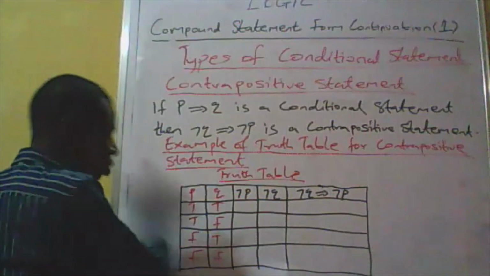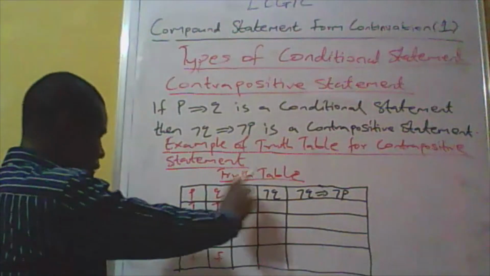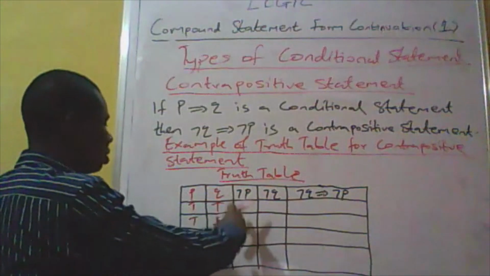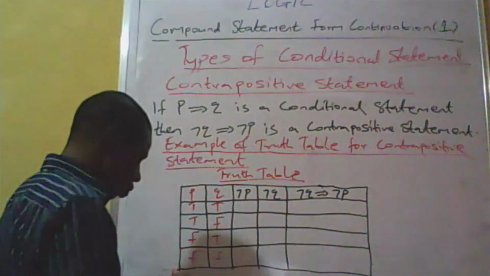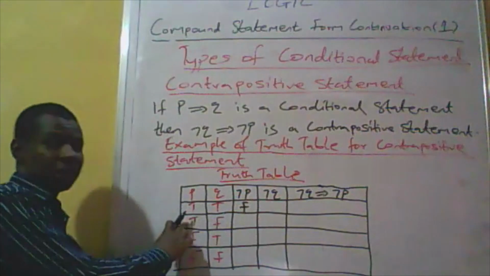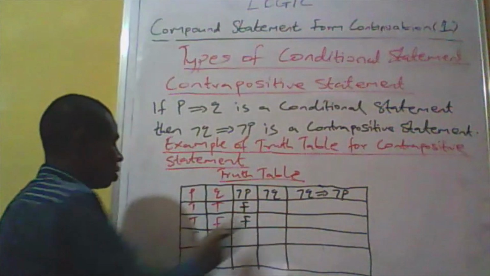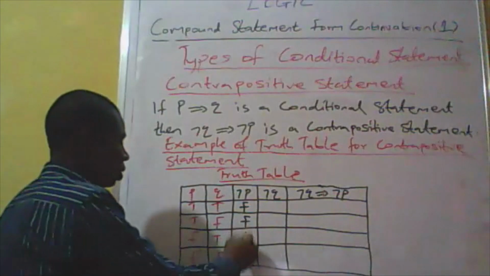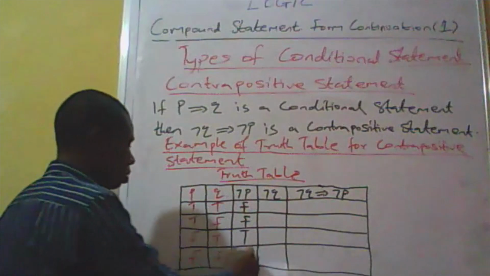Here is the negation of P. If P is T, then not P will be F. If P is F, not P will be T. Here P is T, then not P will be F. Here P is F, not P will be T.